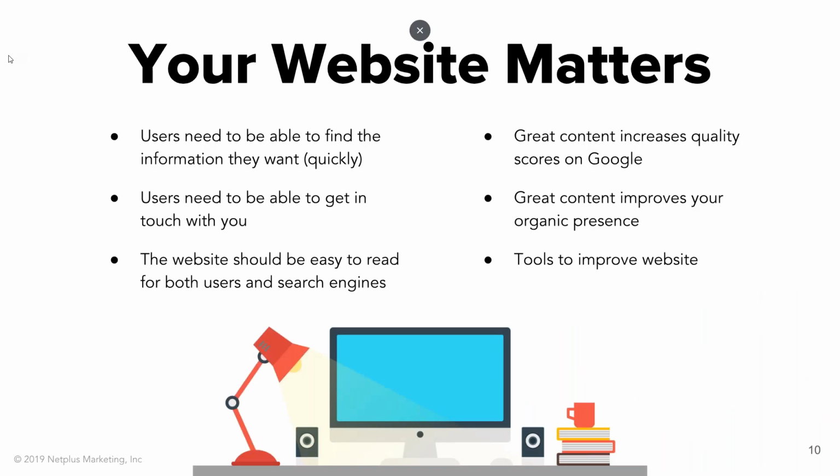So, when we work with clients on improving their quality scores, the first thing that we think about is, how is this page in terms of user experience? Can they find what they're looking for quickly? Can they get in touch with you with a contact form or a phone number without having to search for it?